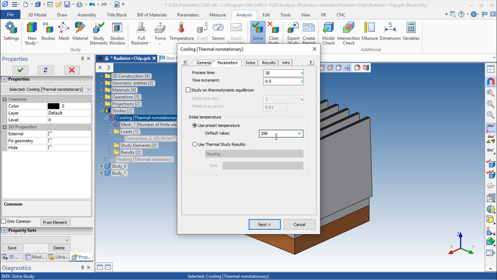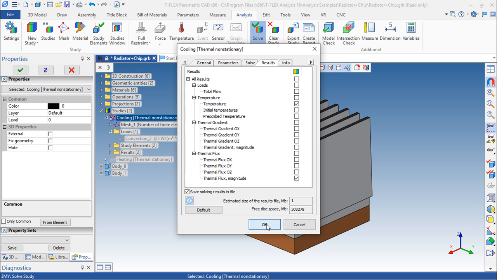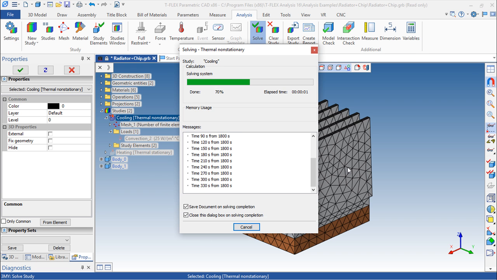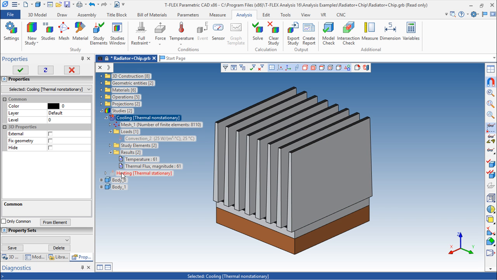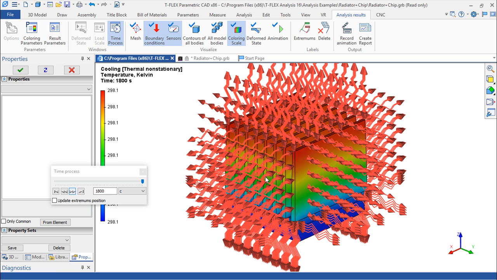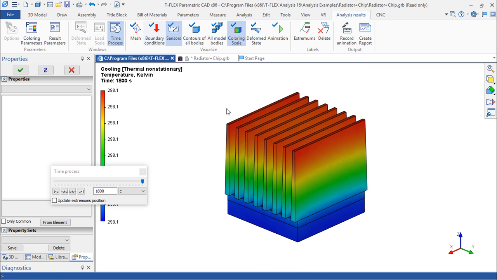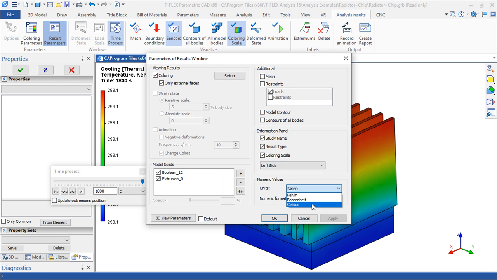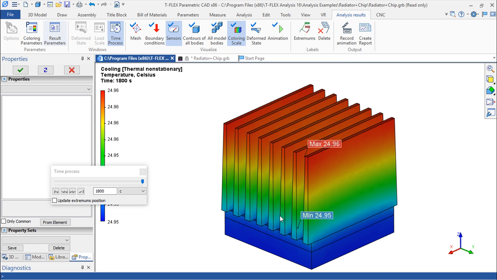I can use temperature, for example, 25 degrees, and let us calculate to see what happens. Done, and I have results. This time, let us take these guys out. Let us do extreme and parameters Celsius.